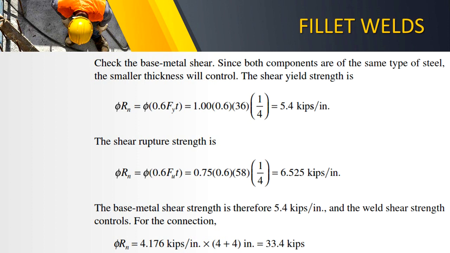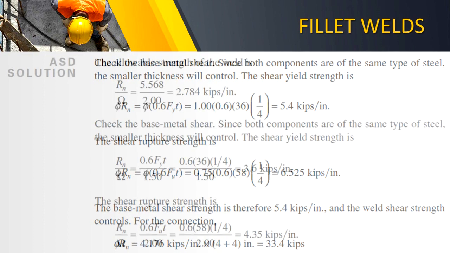The base metal shear strength is therefore 5.4 kips per inch, and the weld shear strength controls. For the connection, phi Rn equals 4.176 kips per inch times the quantity of 4 plus 4, because of the thickness, equals 33.4 kips.